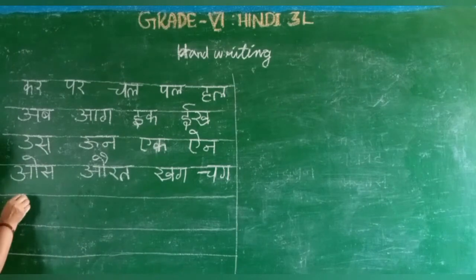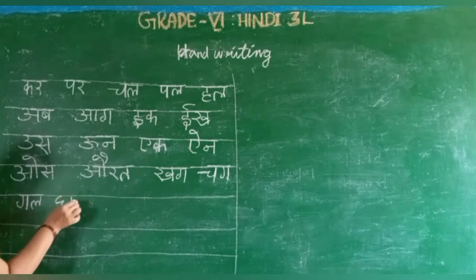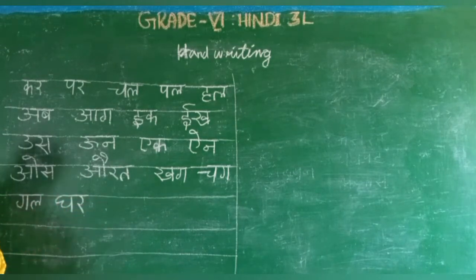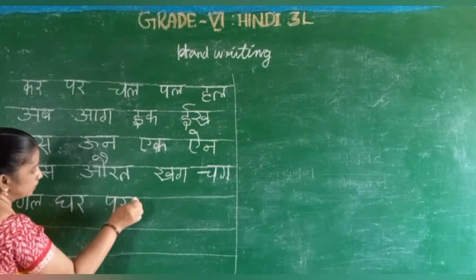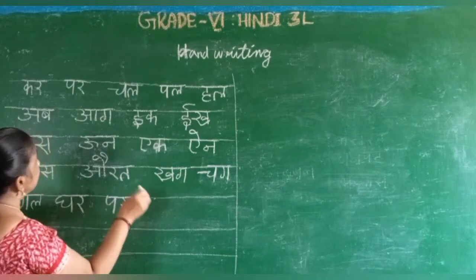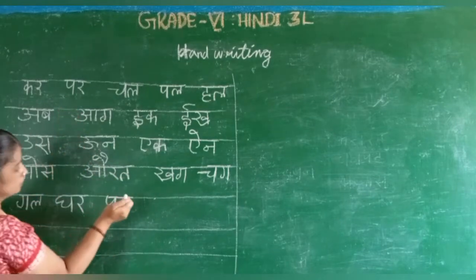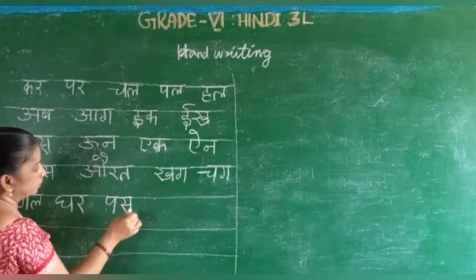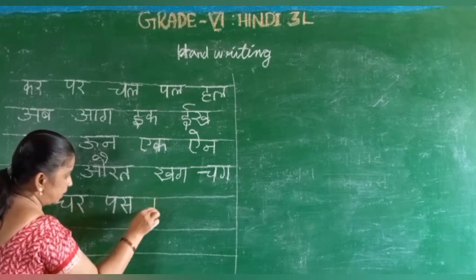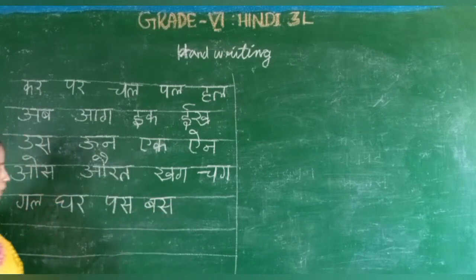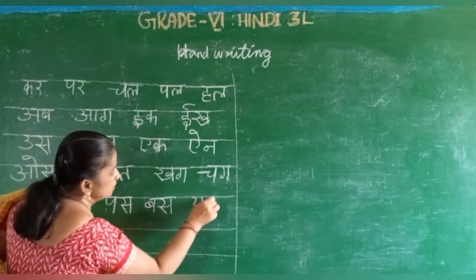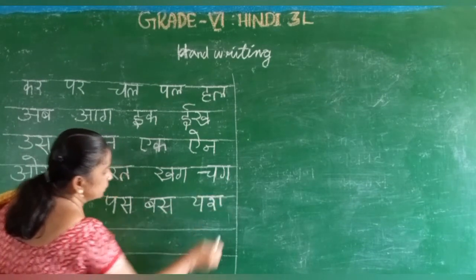And ga, la, gal, ga, ra, gal. And pa, ra, par. Par is already written. So, bus. And ba, sa, bus. Next. Ya, sa, yash.